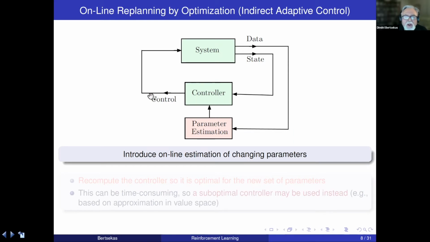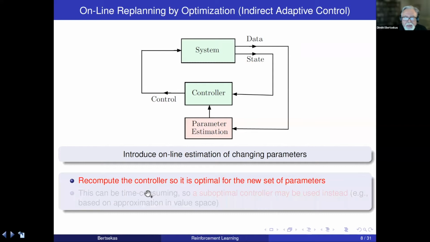And this controller applies, through a policy that it has, a control at every time step. And we also get data from the system. We follow the system. We monitor it for changes in parameters. And we have a parameter estimation or system identification algorithm here that on occasion feeds new parameters, as they are needed, to the controller.